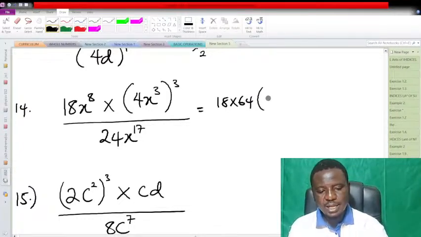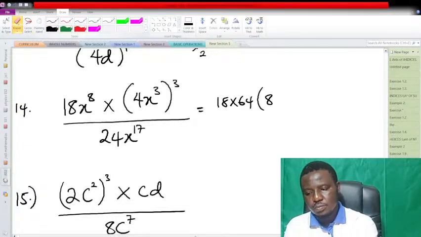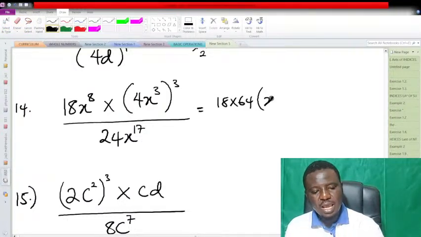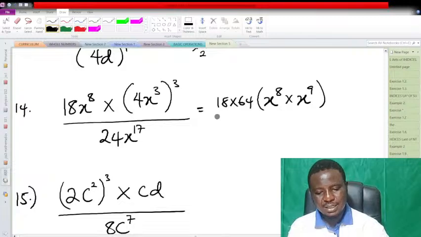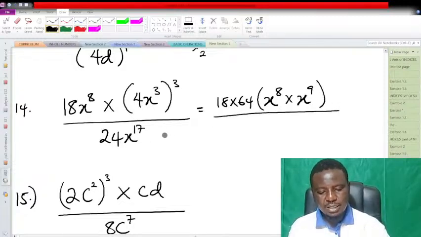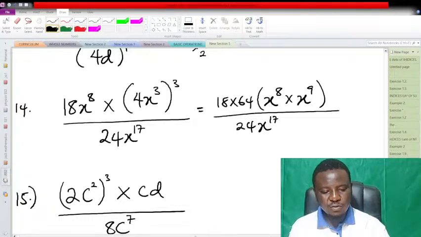You then multiply. This is x to power 8 times x to power 9 divided by the denominator, which is 24, x to power 17.